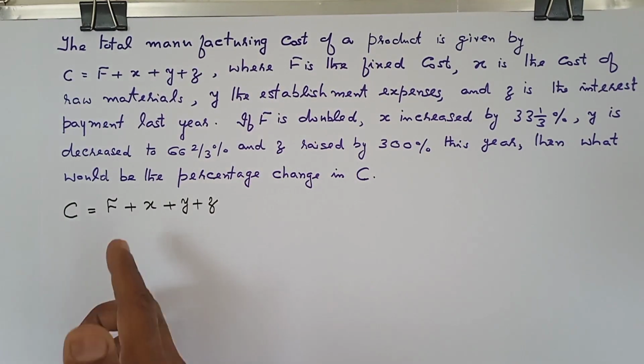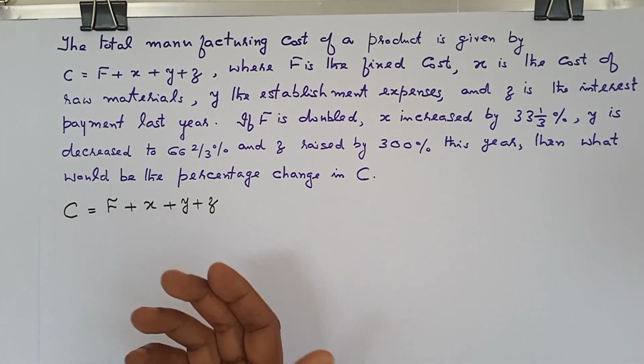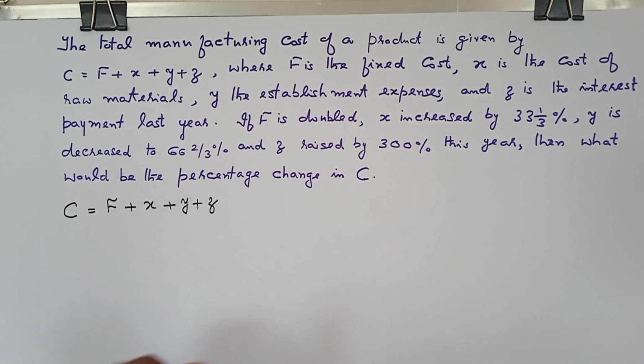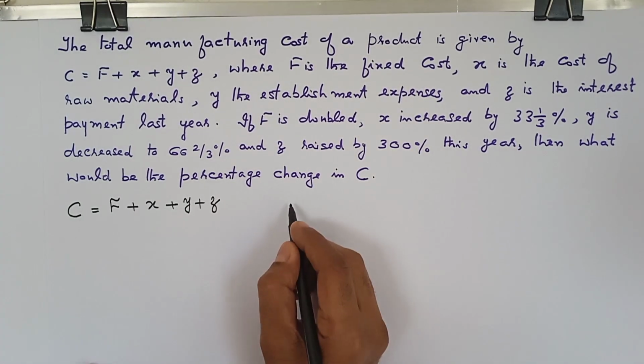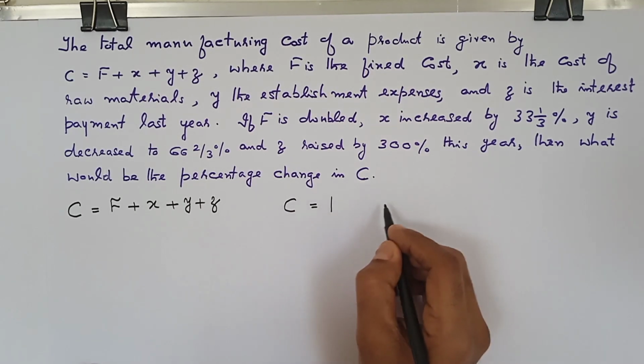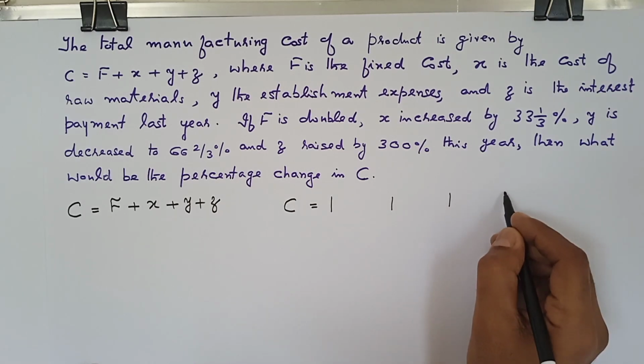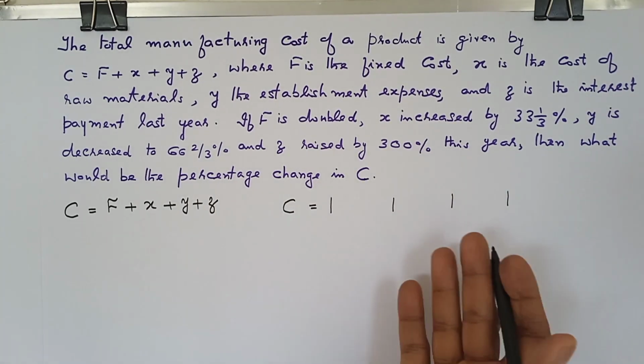Now, we don't know what these quantities were initially. So in such problems, you begin with some convenient numbers for whatever is not given in the problem. Let me choose F as 1, X 1, Y 1, Z 1. You can choose whatever you want.